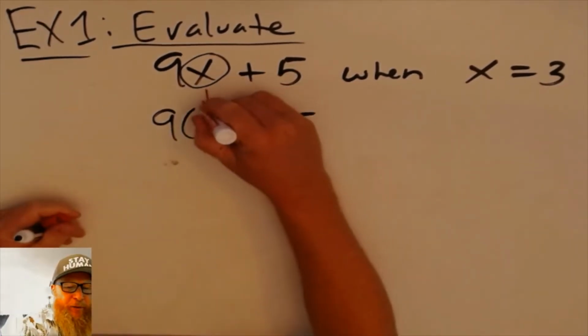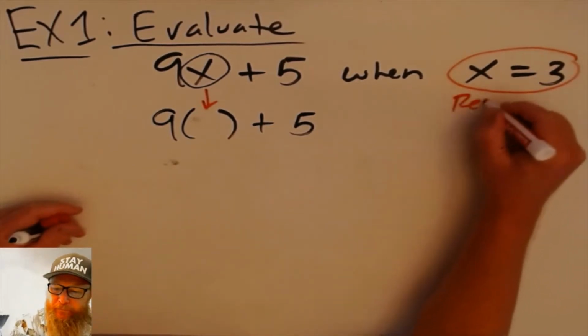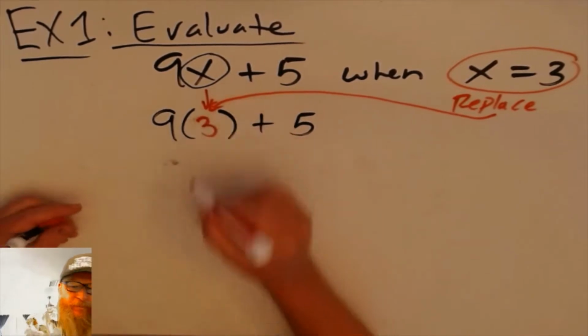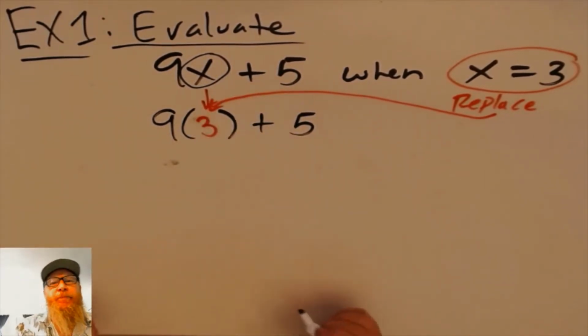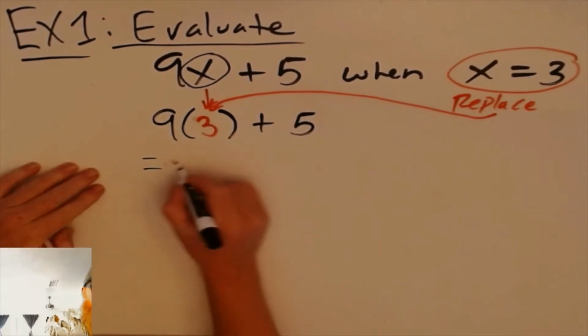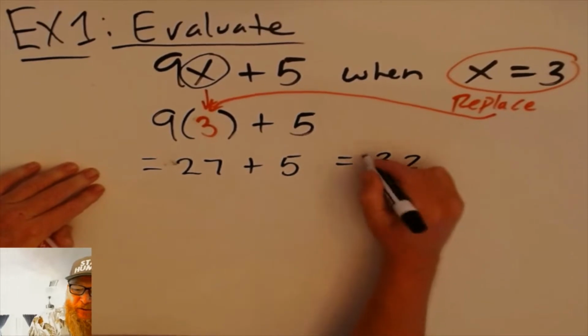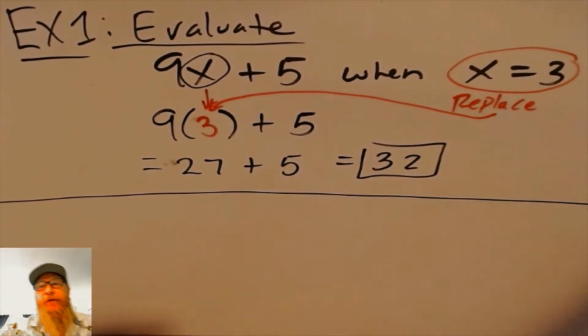So I am replacing x with this value. So x becomes 3. And now I'm going to calculate what it is. It's 32. There you go. It has been evaluated.